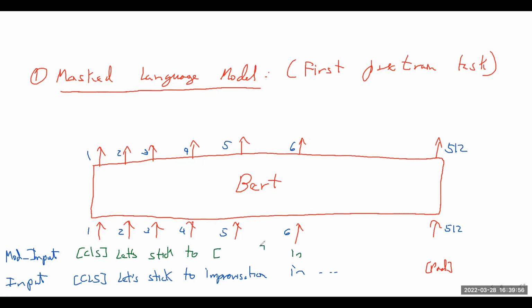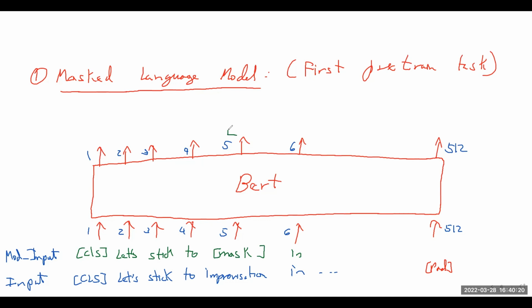But the word improvisation will be replaced with a mask. You see that? That's exactly what you do in the first pre-trained task of BERT. You mask it, and then you want it to learn to predict this mask. That's the objective.